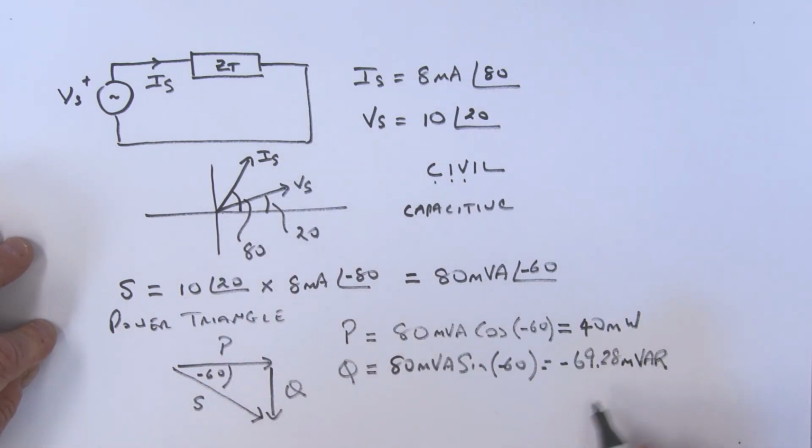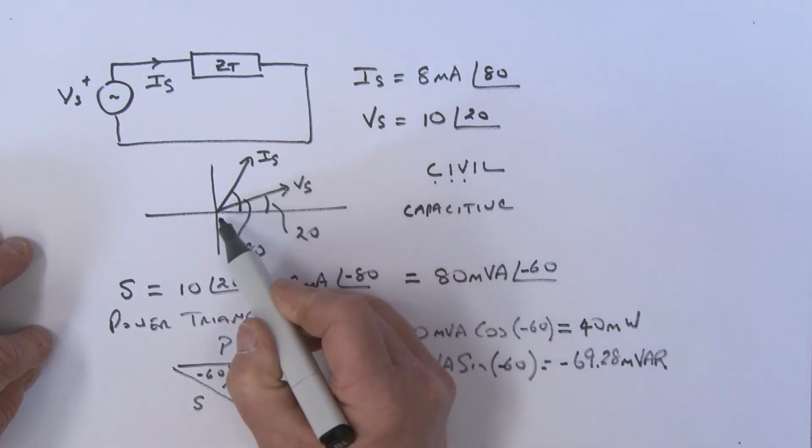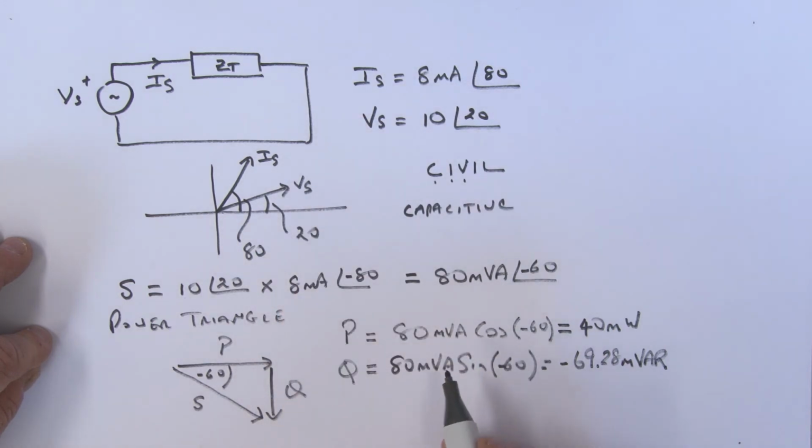And once again, the minus sign here indicates that the circuit really is capacitive in nature. And we say that because the current leads the voltage, or we can talk about the real power leading the apparent power, we can say that this is a leading power factor.